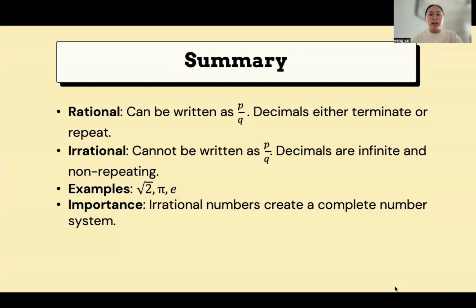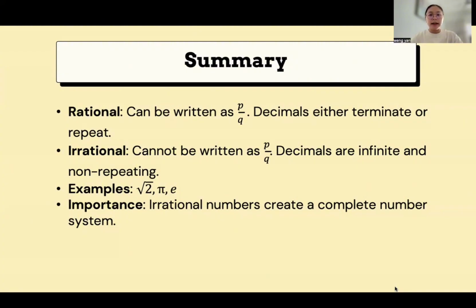To wrap up our discussion on infinite decimal representations, let's review the main difference between the two types of numbers we've discussed: rational and irrational. Rational numbers can always be written as a fraction p over q, where p and q are integers and q is not 0. Their decimal forms are orderly. They either terminate or they repeat a sequence forever.